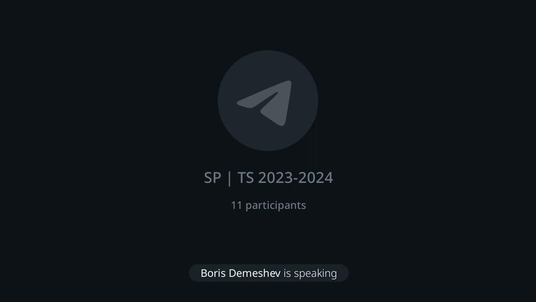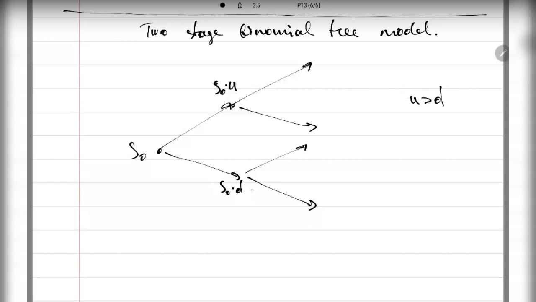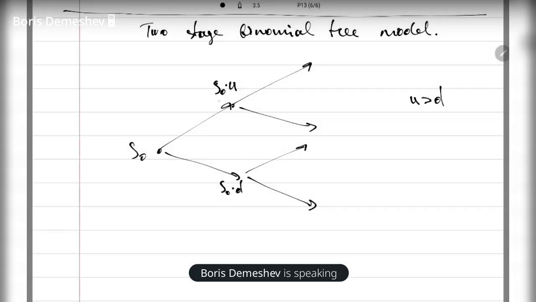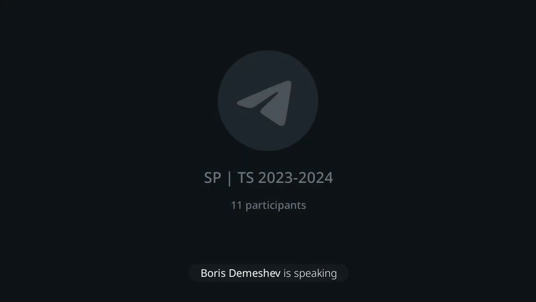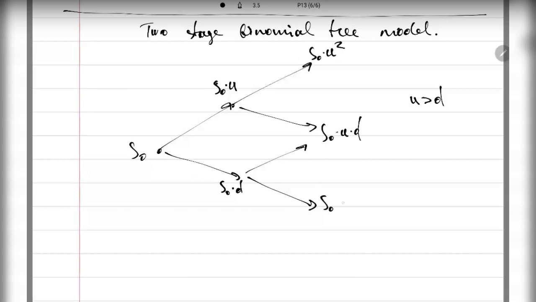So that will be S0 multiplied by U, S0 multiplied by D. U is bigger than D. I have two periods, so this is S0 times U squared. That value is S0 times U times D, and that price is S0 times D squared.